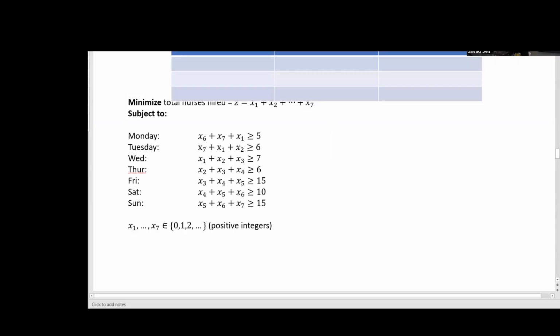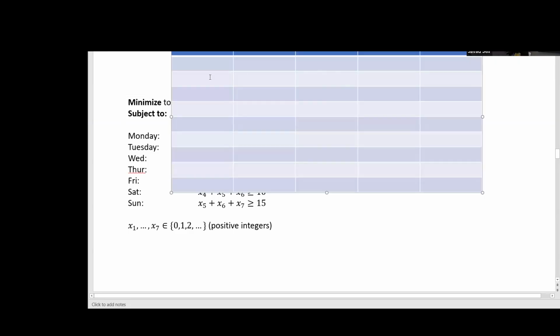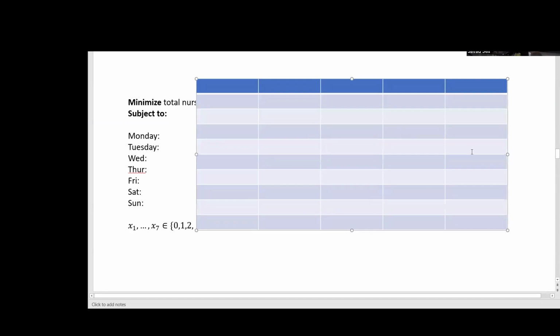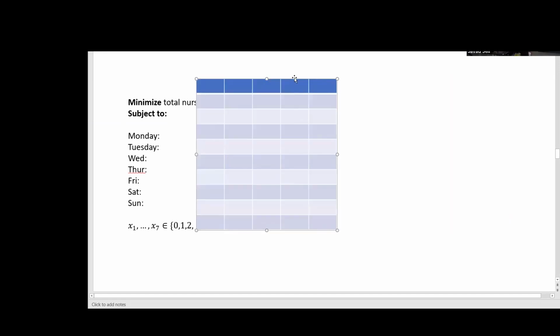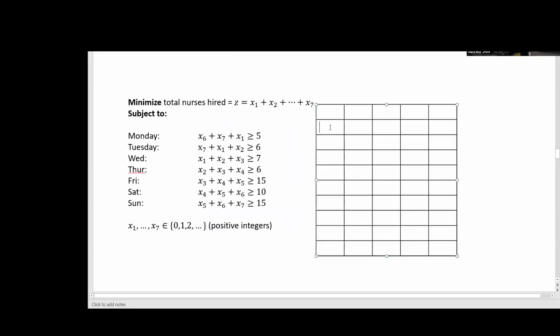So we have 7 variables, X1, X2, 3, 4, 5, 6, 7, and then status and objective function value.